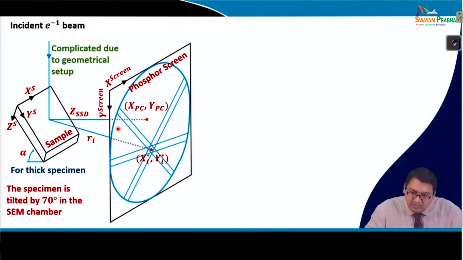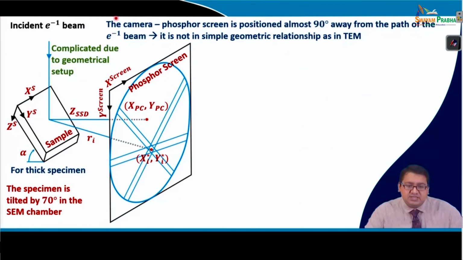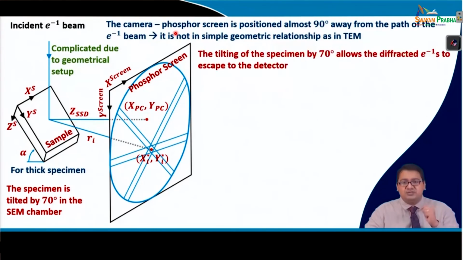So, what I mean to say is, in this case the camera or the phosphor screen is presented at 90 degree away from the path of the electron beam, and this is not a simple geometric relationship as in the TEM. So, complicated mathematical expressions will be needed to solve the Kikuchi pattern to obtain the HKL planes and to relate it to the RD, TD and ND of the sample. Of course, this can be done using software.